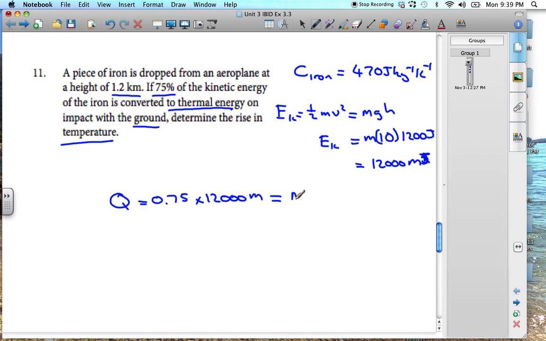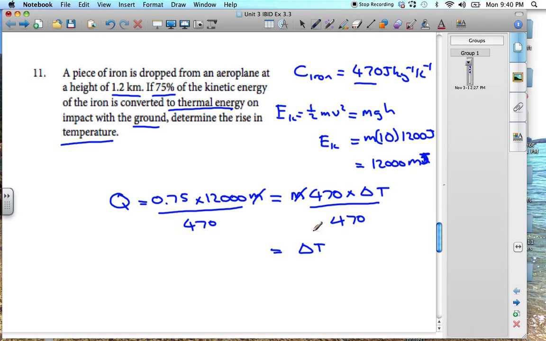Well, that will equal m times the C, which is this one over here, times 470 times the change in temperature that we're trying to work out. Now you'll notice here that the masses cancel out nice and conveniently, and so I just divide both sides by 470, and I'll get my change in temperature.